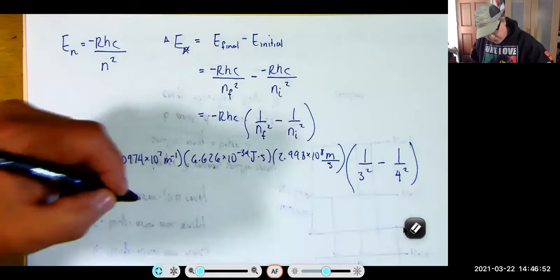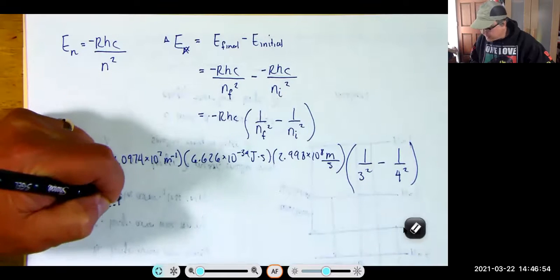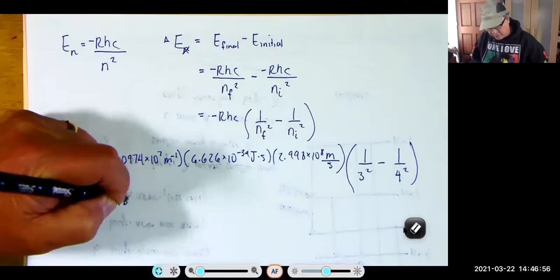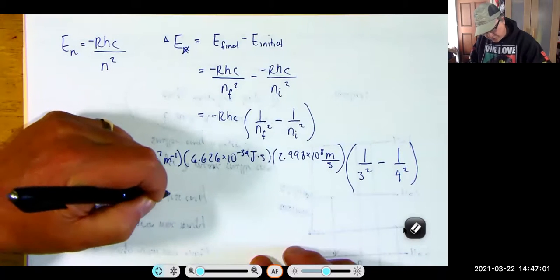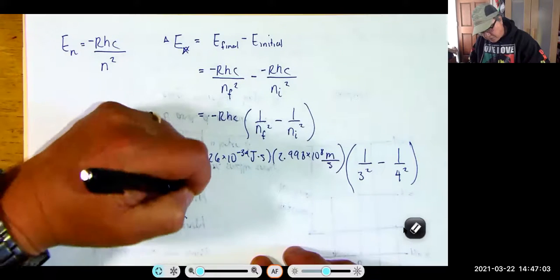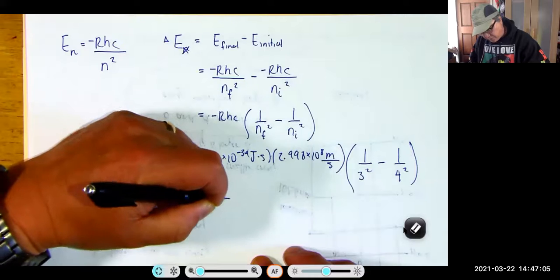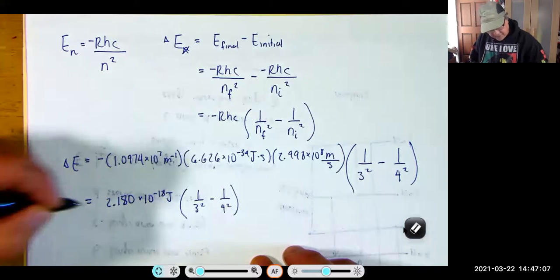So I get 2.17, or 2.180 for significant figures, times 10 to the minus 18 joules times 1 over 3 squared minus 1 over 4 squared. Now, remember the negative.